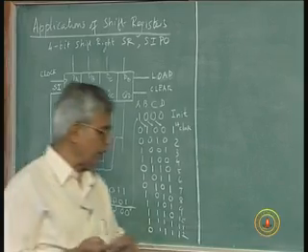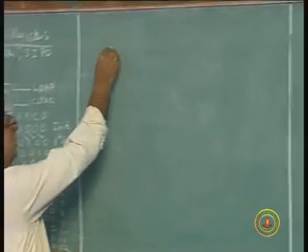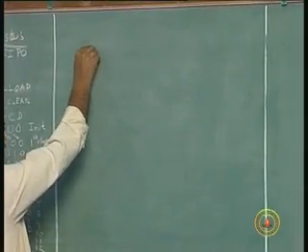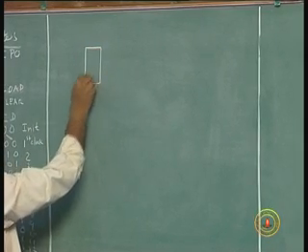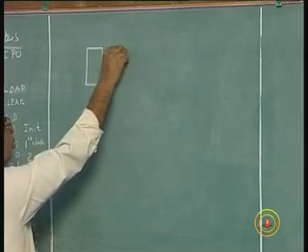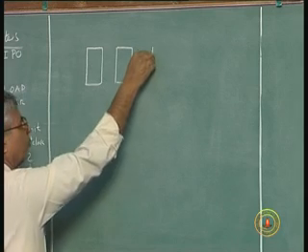We will talk of another application of shift register. Let us say again I am going to use a shift register, and for the purpose of explanation, I am going to put them as 3 different flip flops.